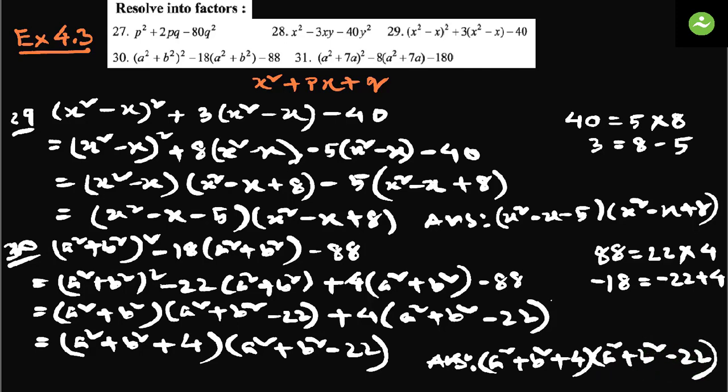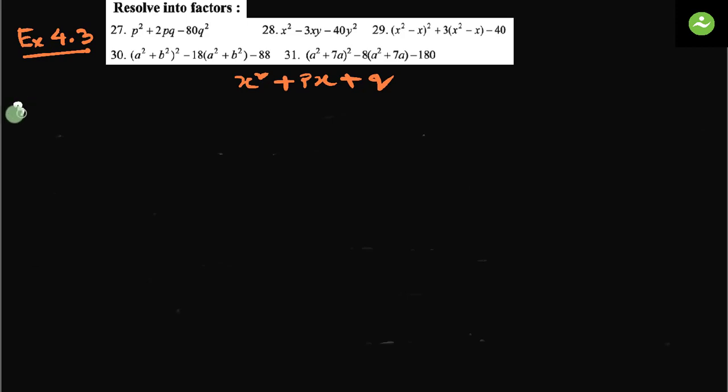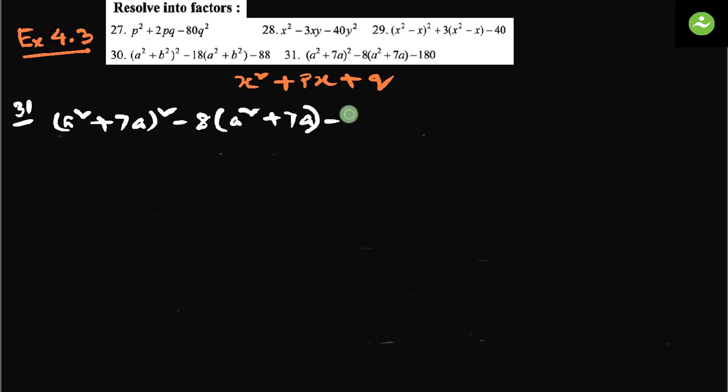Number 31, the last one. a square plus 7a whole square minus 8 into a square plus 7a minus 180. Here q is 180 and p is minus 8.